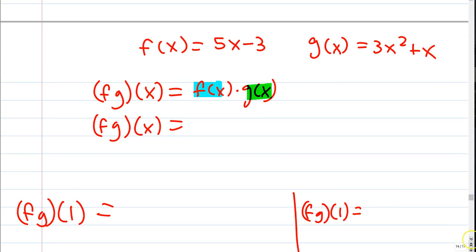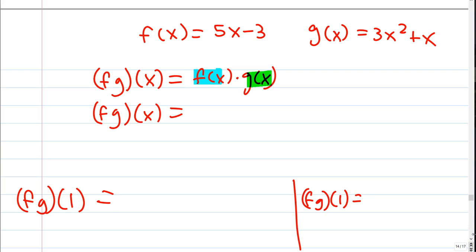We can add, we can subtract, we can multiply. What does fg of x mean? It means f of x times g of x. Means f of x, 5x minus 3, times g of x, 3x squared plus x. Do not leave it like this. We will distribute.